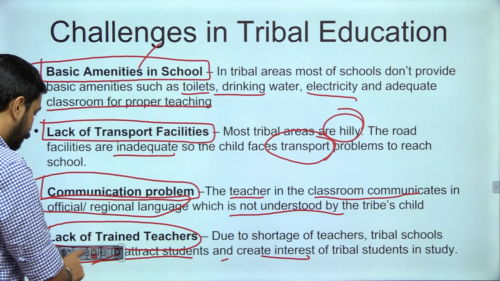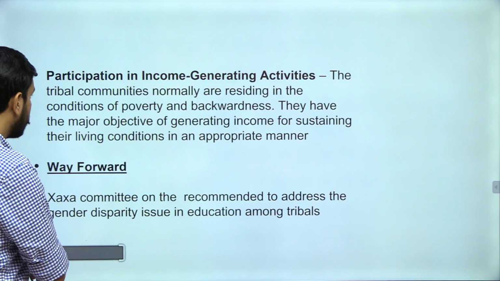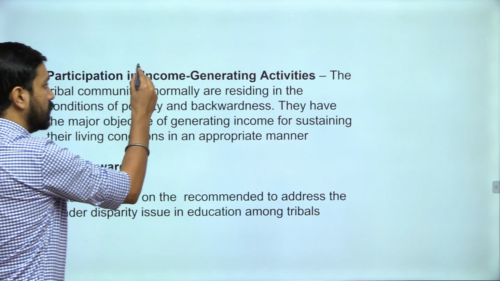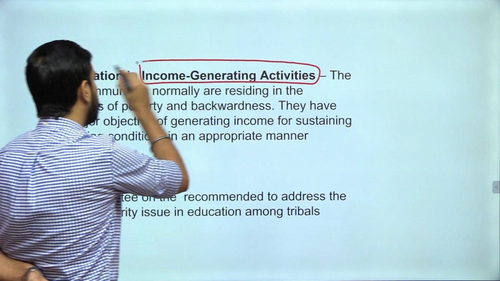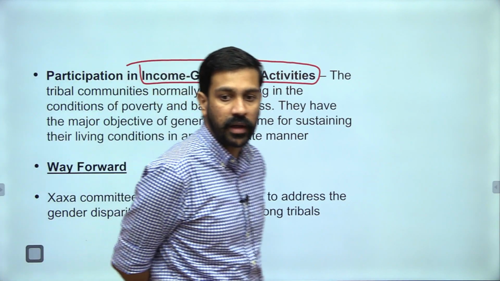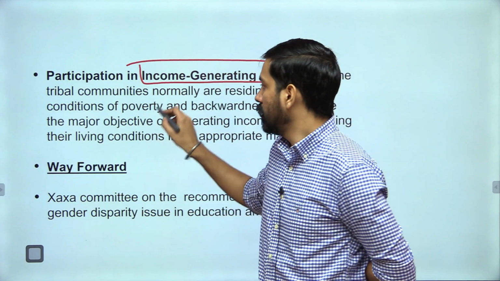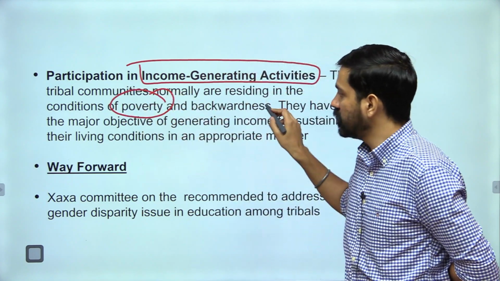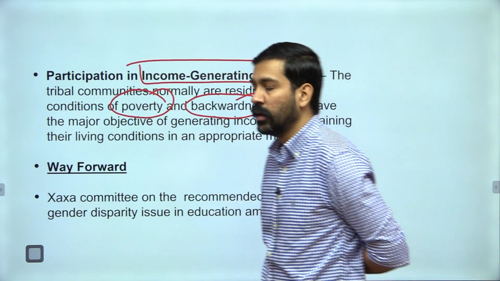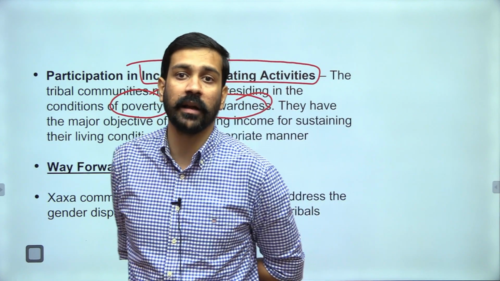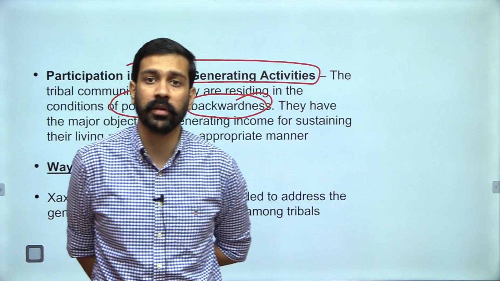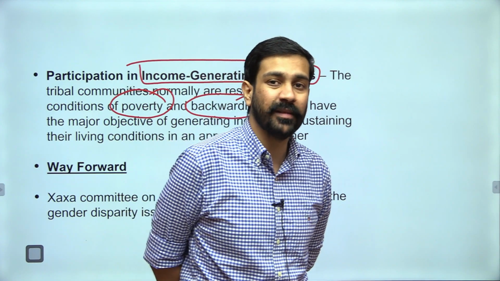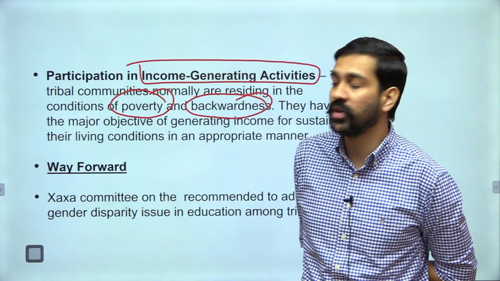Moving forward to the next issue, there is participation in income generating activities. See, the tribal communities are still poor, or they are in a condition of poverty and backwardness. So to fulfill their livelihood or to ensure their survival, what is happening is they are not ready to send their children to school.